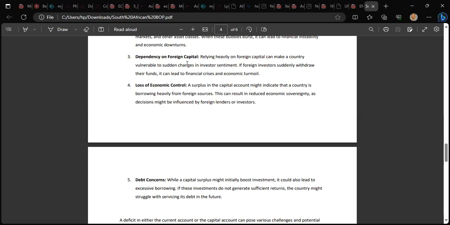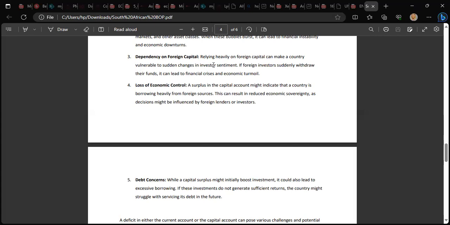Cyril Ramaphosa always wants this kind of investment, right? But the problem is too much dependence on that makes us very vulnerable as a country. You can't really make decisions now without taking into consideration what they think.